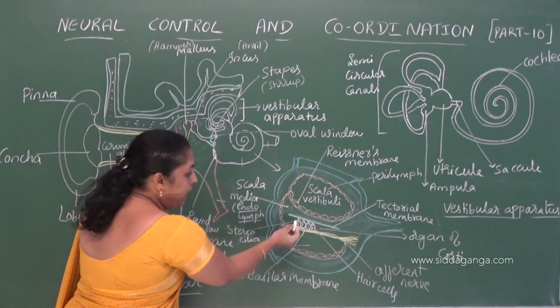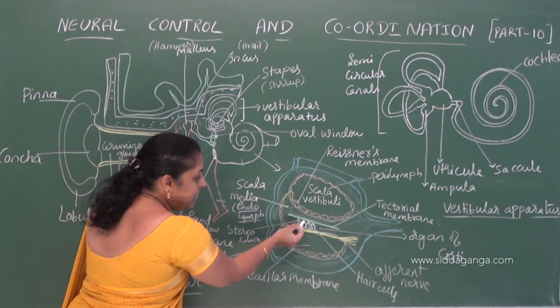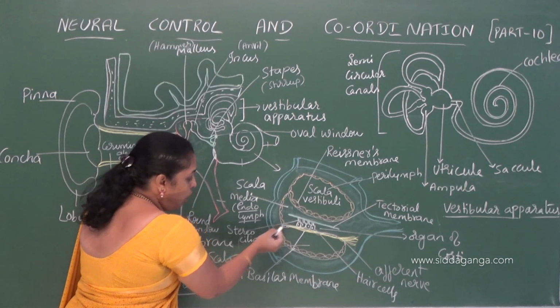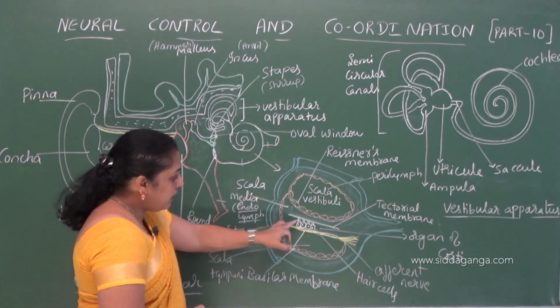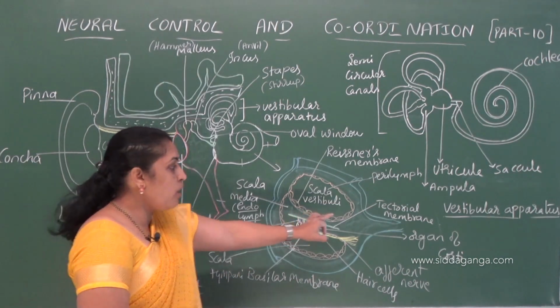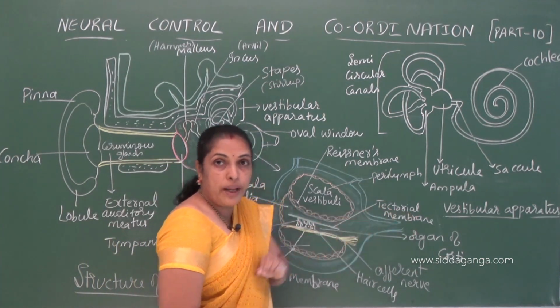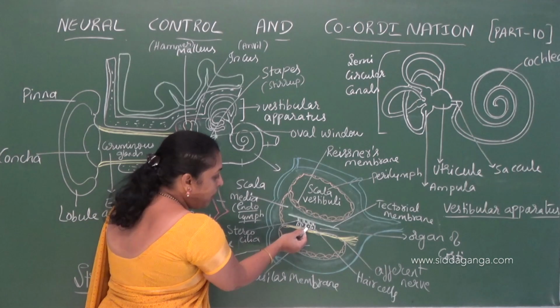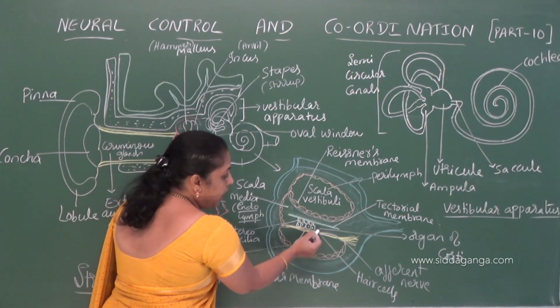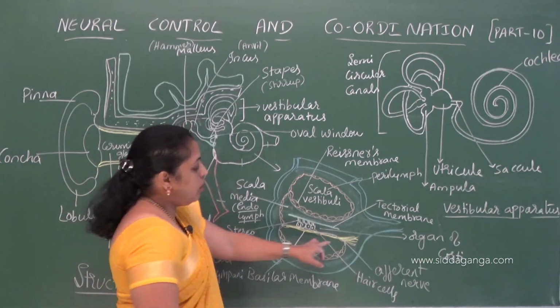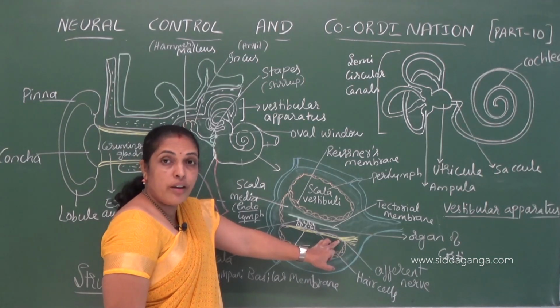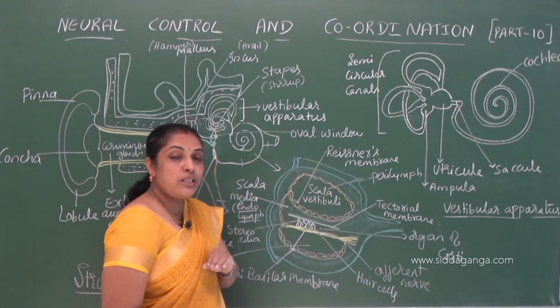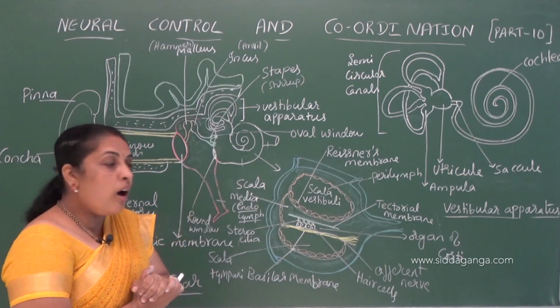In the apical part of the hair cell, the upper part, we see hair-like structures called stereocilia. They are in contact with the tectorial membrane. And the basal part, the lower part, is in contact with the afferent nerve. This is about the structure of the cochlea.